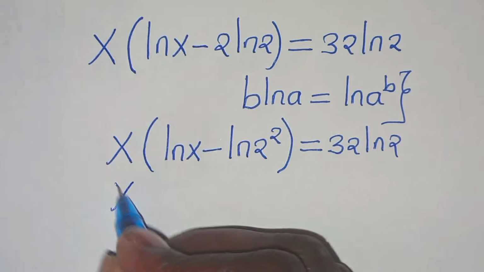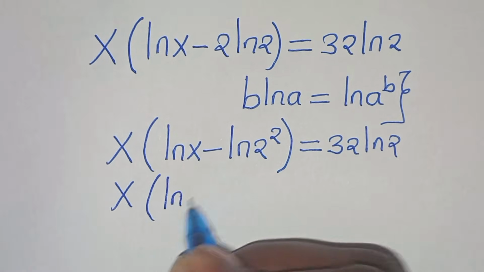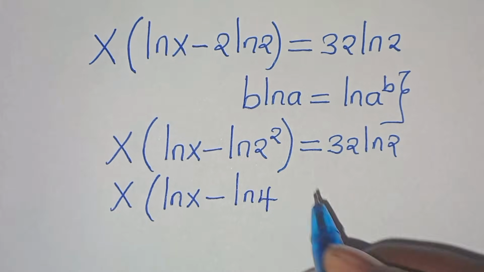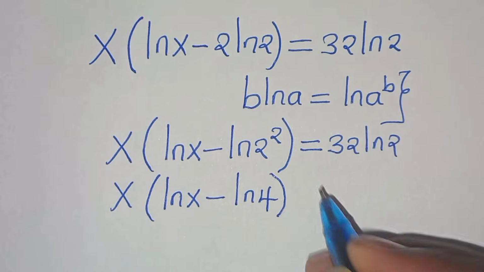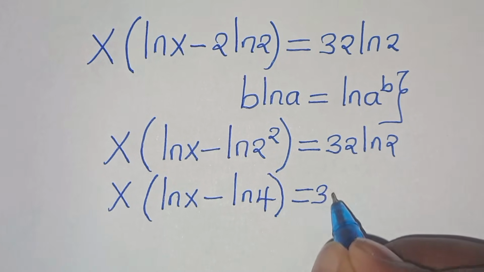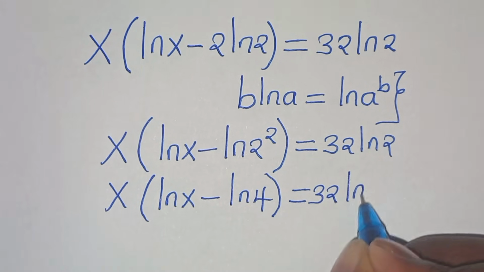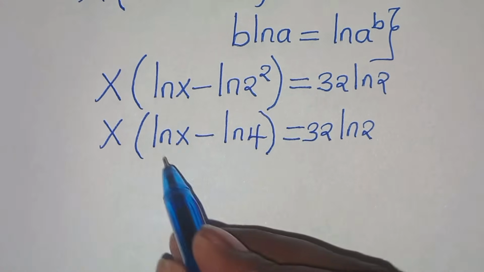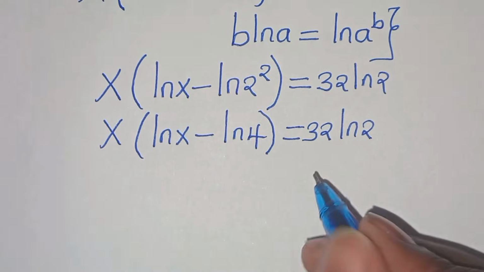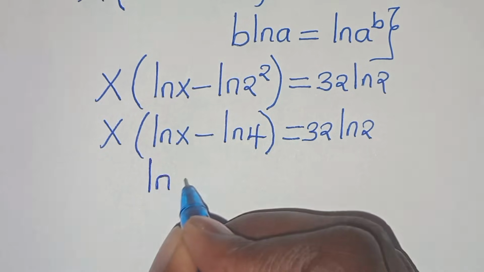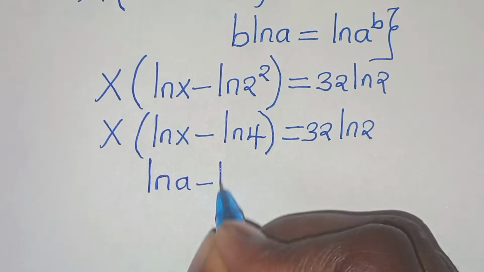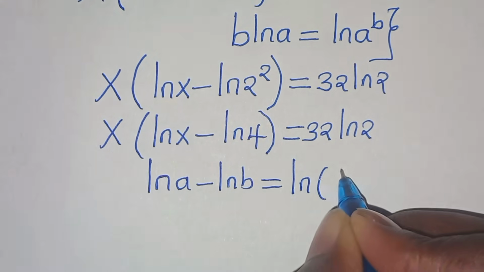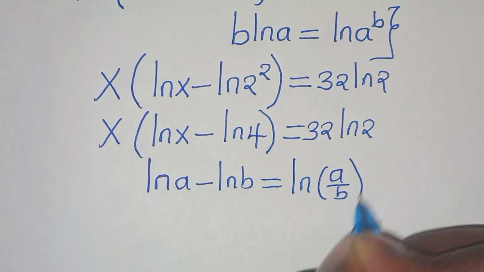Now this is x into the parentheses. This is ln of x minus ln of 4, since 2 squared is 4. Close the parentheses. This is equal to 32 ln of 2. The next step is that ln of x minus ln of 4 is in the form of ln of a subtract ln of b, which we can express as ln of a divided by b.